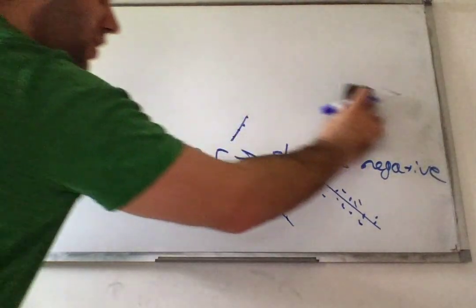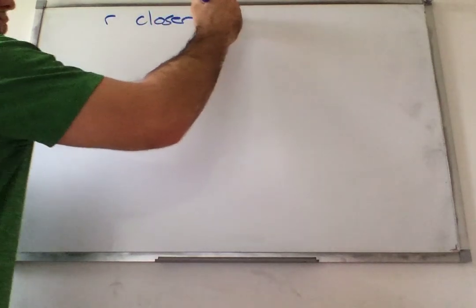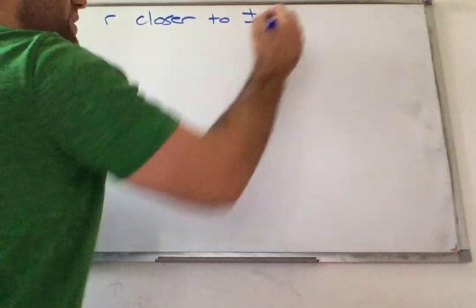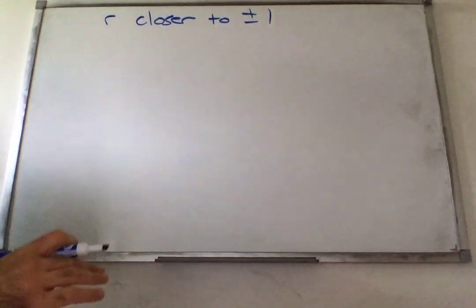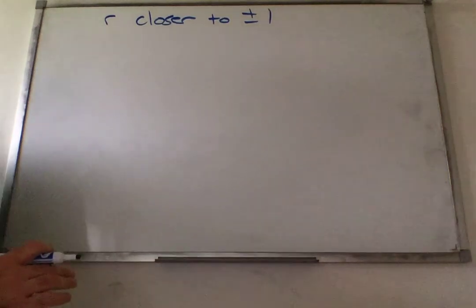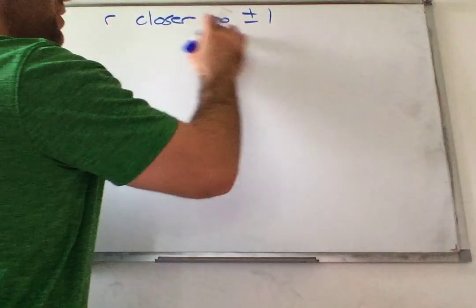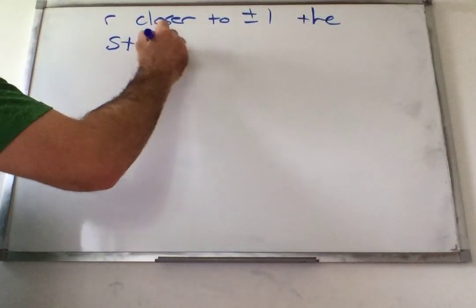Now R also tells us the strength of the correlation. R closer to plus or minus 1, it doesn't matter, the positive and negative just tells us the direction of the correlation. The closer to plus or minus 1, the stronger the correlation.